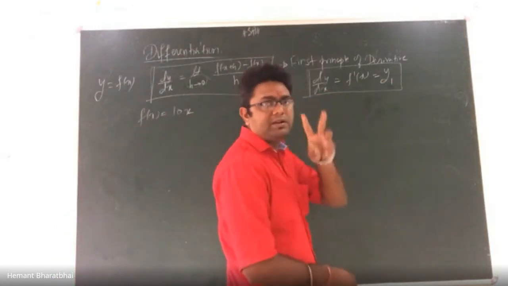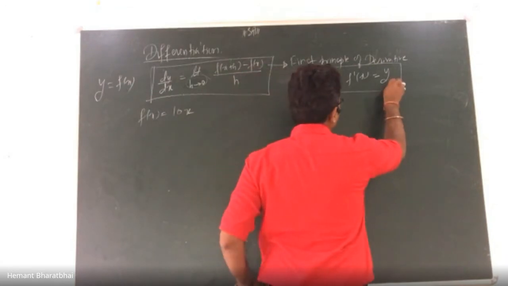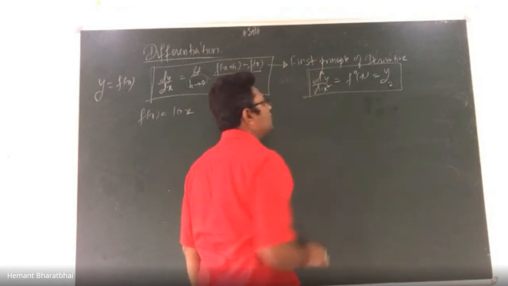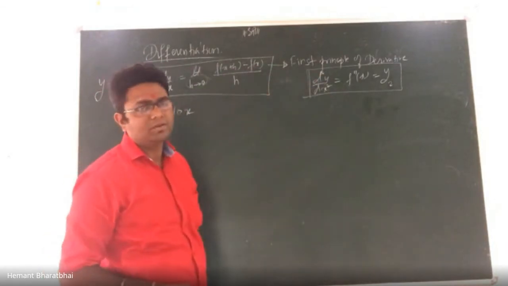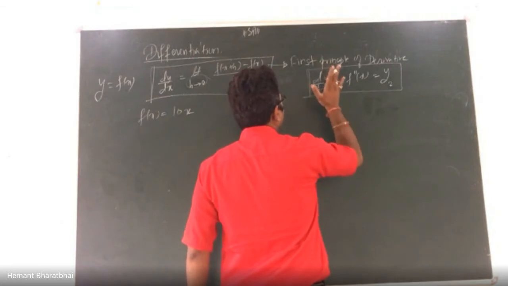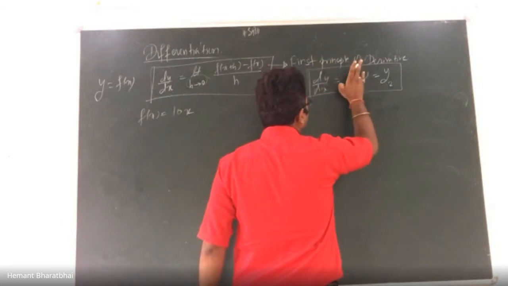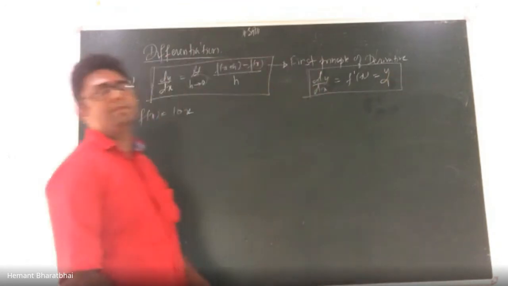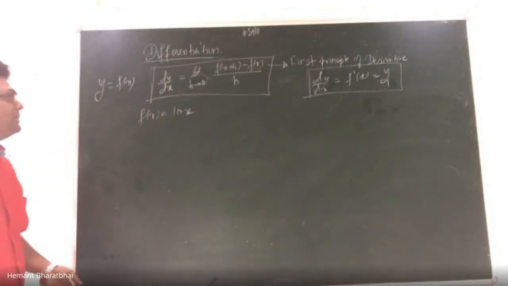If I'm taking the derivative 2 times, then I'll write f double dash and write 2 over here, something like this, which we'll see later on. As of now, dy by dx can also be denoted as f dash of x, or y1.